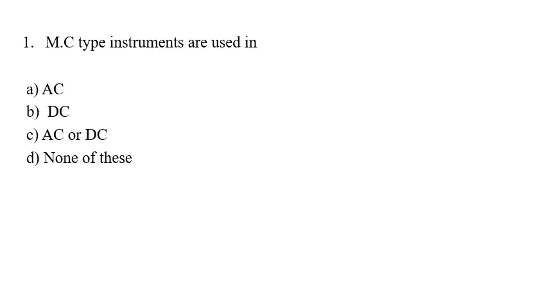So the first question is, MC type instruments are used in option A AC, option B DC, option C AC or DC, option D none of these. We know that in moving coil type instruments, deflection angle theta is directly proportional to current.